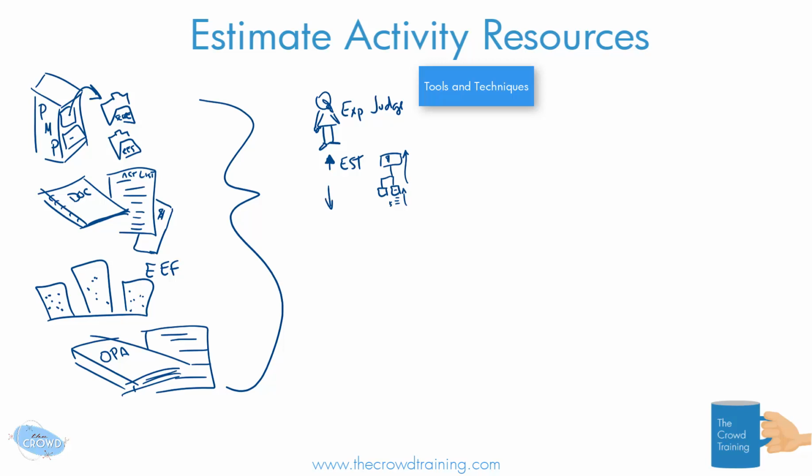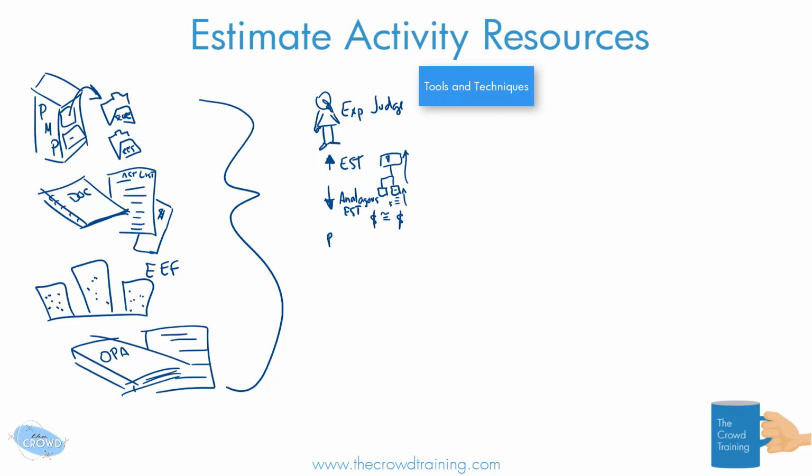We can also go the other way, and we can use analogies. So our analogous estimating is sometimes referred to as top-down, where we're saying, well, in the past it cost about this much, so based on this scenario, I'm guessing. It's not apples to apples, but you know what? It's close enough, and we can use our analogies to help us estimate.